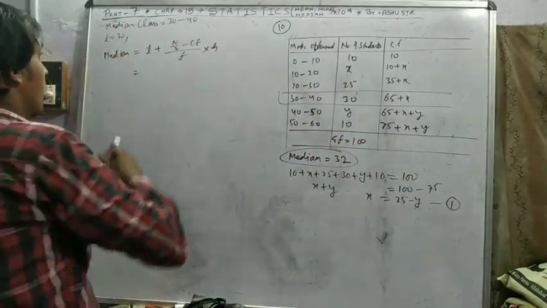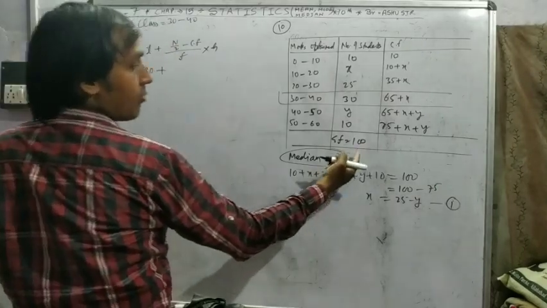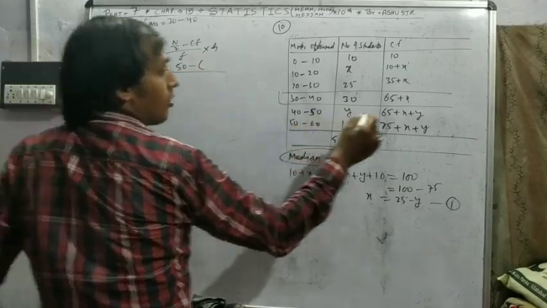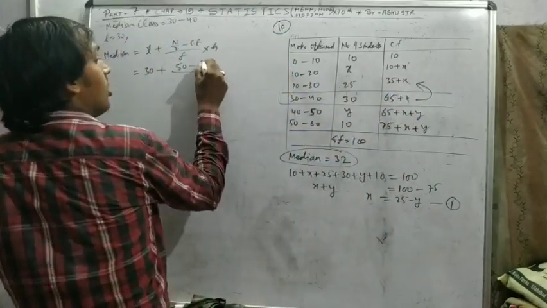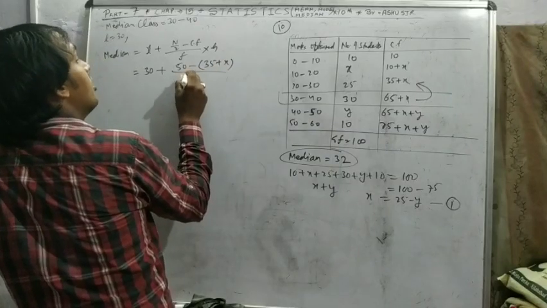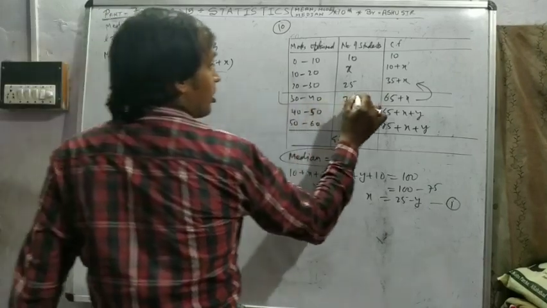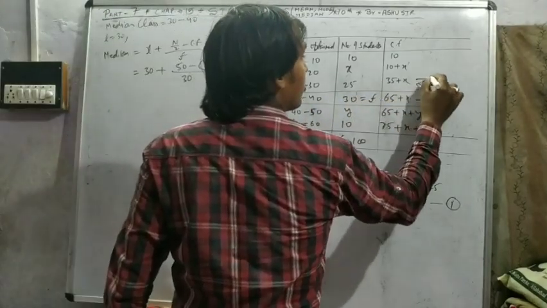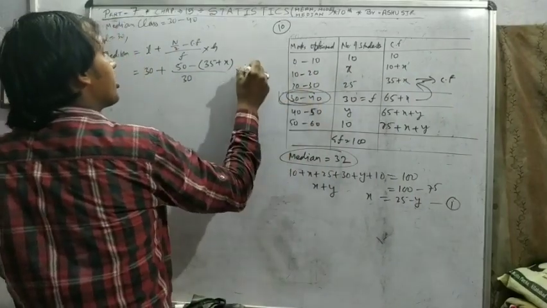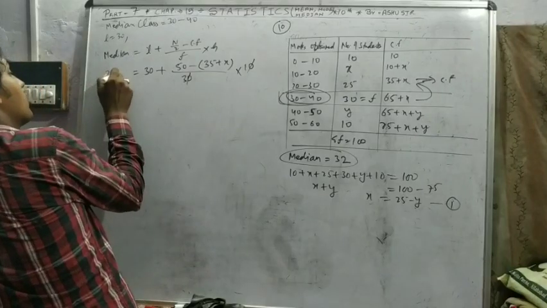So L is 30, n by 2 is 50, CF preceding is 35 plus x, upon f. f is 30, and h is the difference, 10, the zero cancels. The median is given, 32.